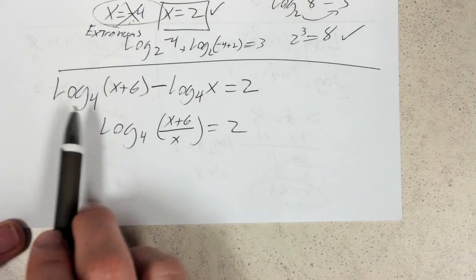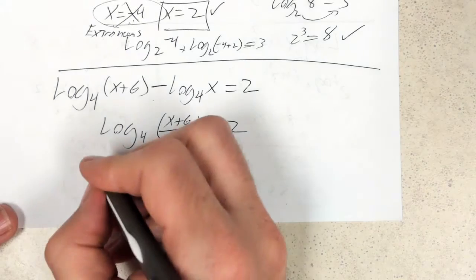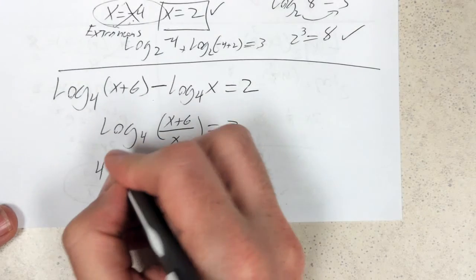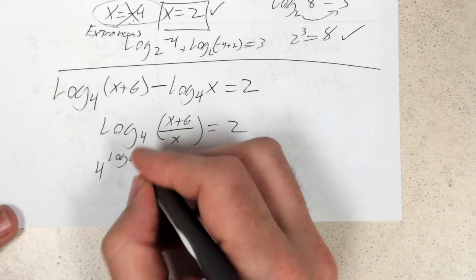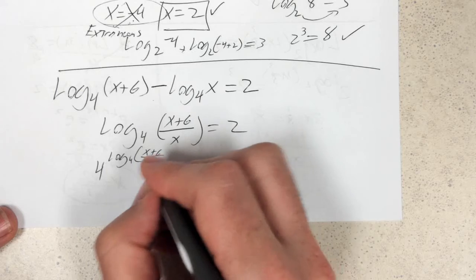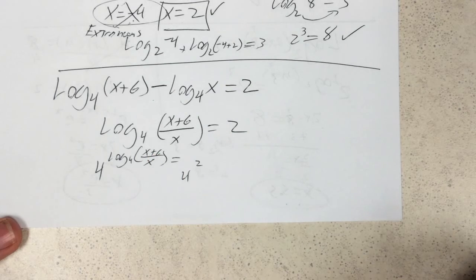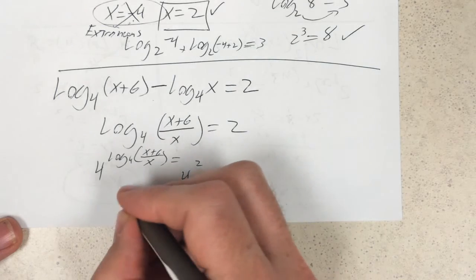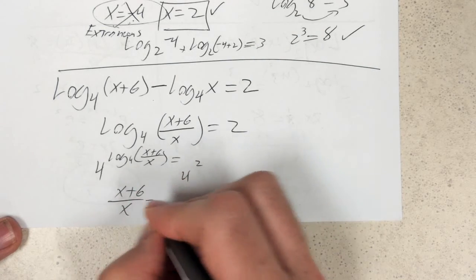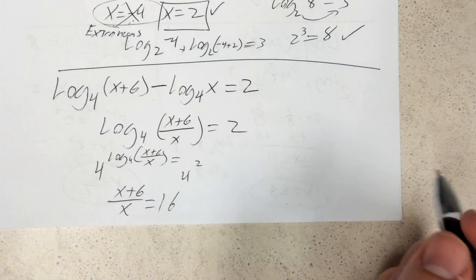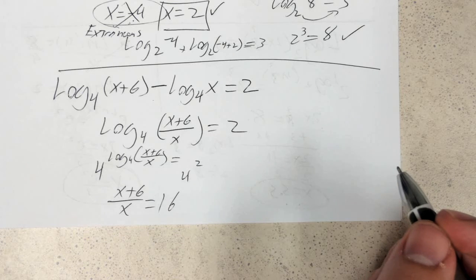And then take it, 4 to the log base 4 of x plus 6 divided by x is equal to 4 squared. So x plus 6 divided by x is equal to 4 squared, which is 16.